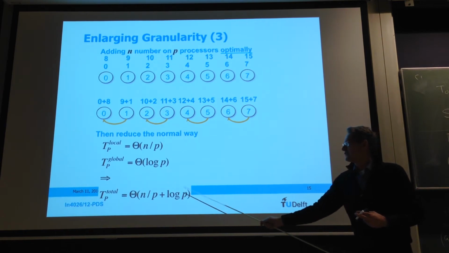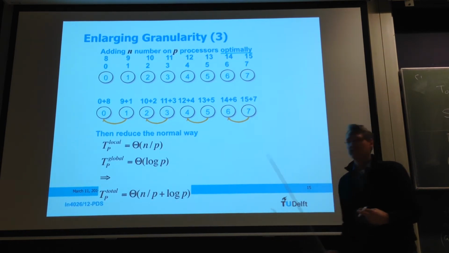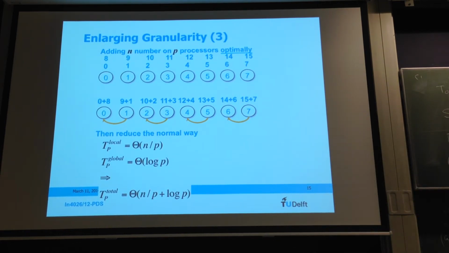So the total execution time is n over p plus log p. Now the question is, is that fast optimal? Difficult to say, right? Because we have two variables, n and p, and we have to get rid of one of them, because otherwise we never end up with 1.